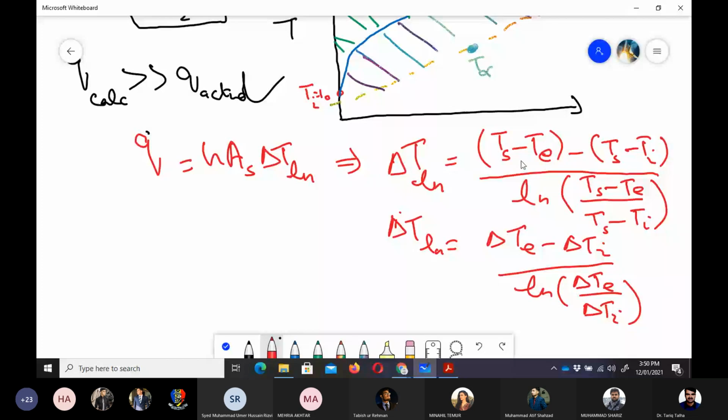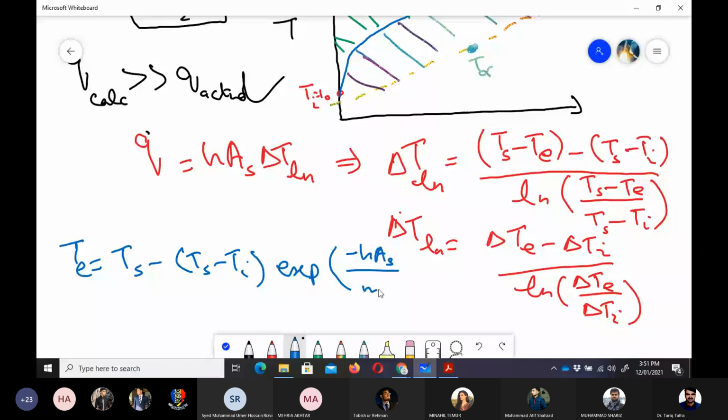In some cases we don't know the value of Te. If we want to determine that, there is another formula. Let me write it here. Te can be written as Ts minus (Ts minus Ti) times exponent of minus h A_s upon m dot Cp.